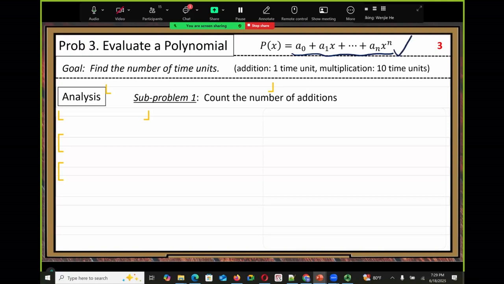When you do the calculation of this polynomial, how many additions do you need? Can you see it here? We need to count the number of additions. Another problem-solving question we need to answer.